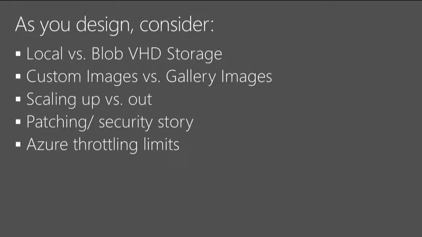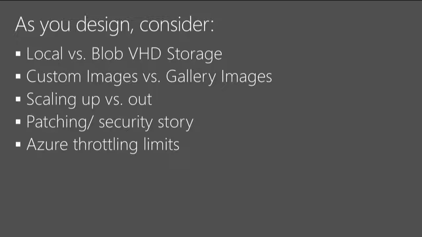As you design, you should also consider some aspects of your environment. So whether or not you want to use the on-VM ephemeral storage, which tends to be faster, versus the blob VHD storage, which tends to be more reliable. Custom images, where you can actually include your data on the image, versus gallery images, which are maintained in general by other groups.